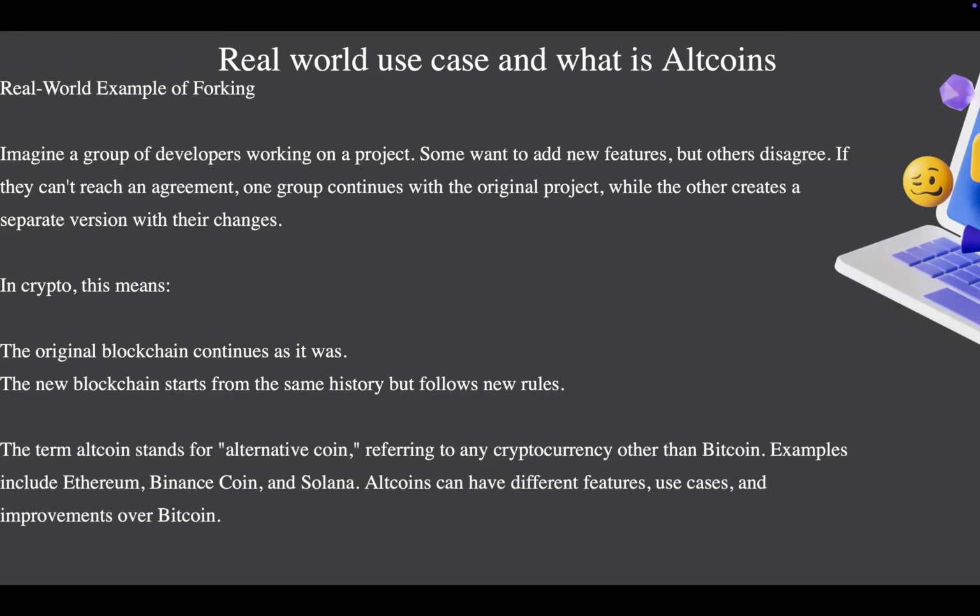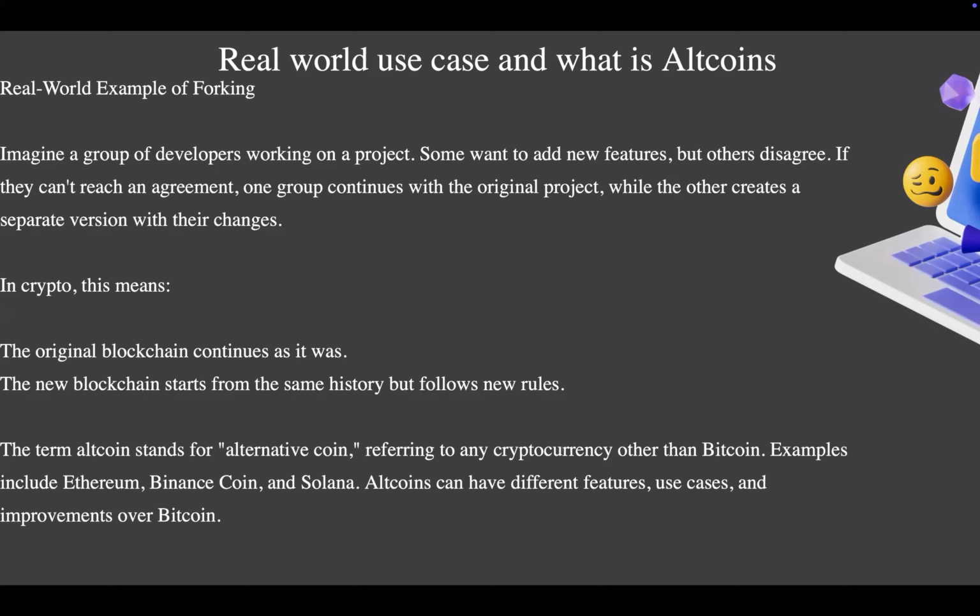So one group continues with the original project, and the other creates a separate version with their changes. So in some sense, this is like a hard fork. They break out and split and create their own version, their own cryptocurrency and the likes.